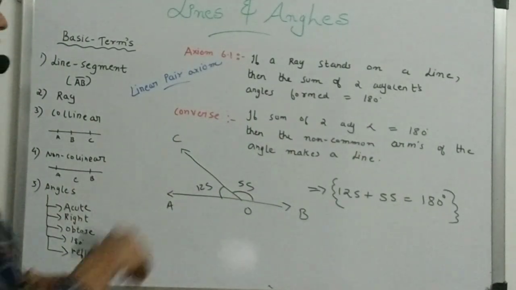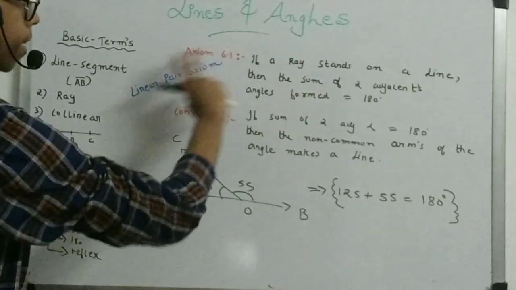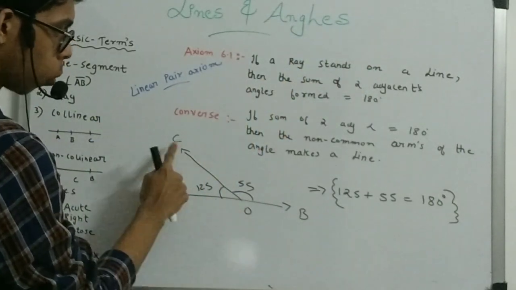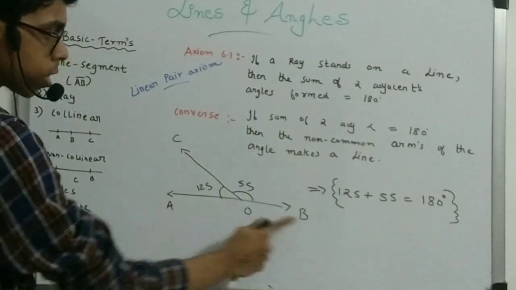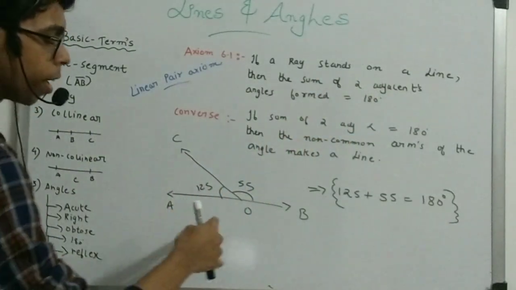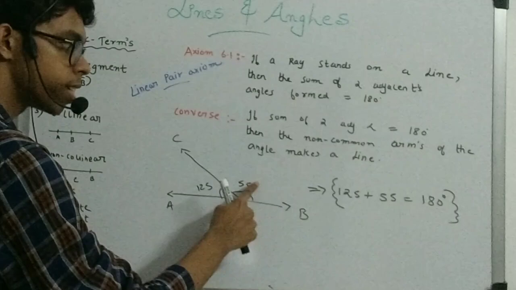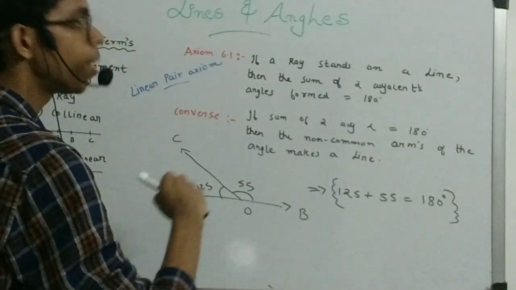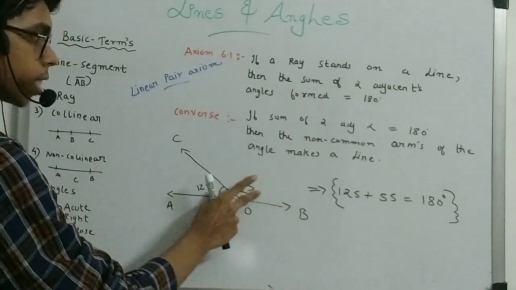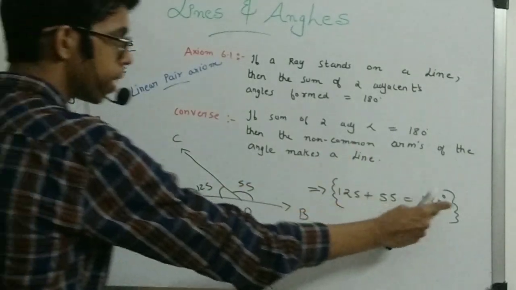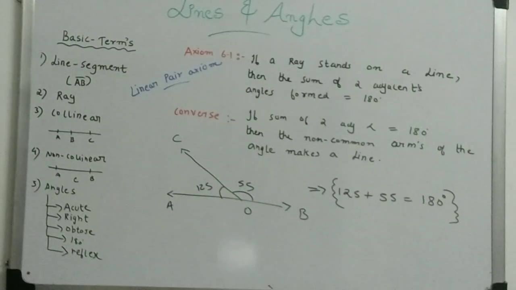So this is exactly what the axiom is saying. If a ray stands on a line, so this is the ray OC, which is standing on a straight line AB, then the sum of the two adjacent angles, which in my example are 55 and 125, when we add these two adjacent angles, we get the sum equal to 180 degrees.